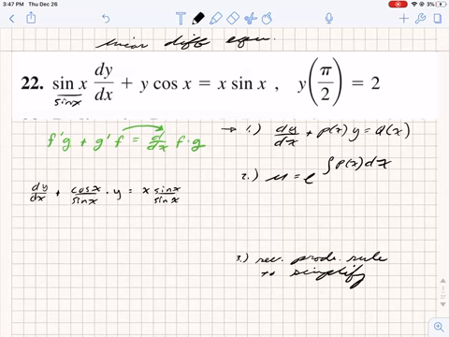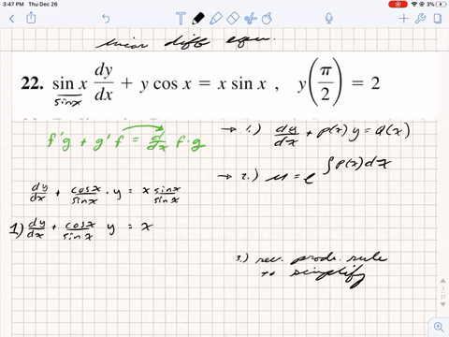All we did was divide by sine x. So we obtain dy over dx plus cosine x over sine x times y is equal to x. Okay, that's step one.